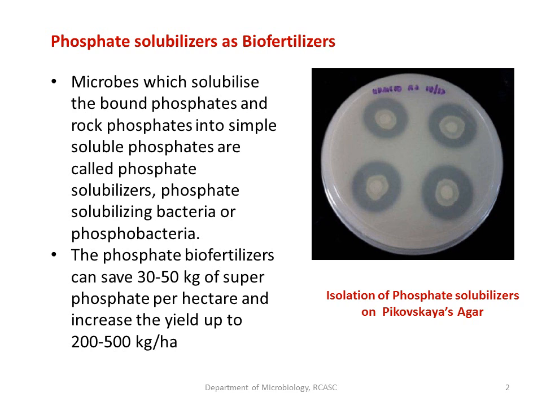Among bacteria, Bacillus, Pseudomonas, Azotobacter, and Azospirillum play a major role in solubilizing phosphate. Among fungi, especially Aspergillus and Penicillium can solubilize the insoluble phosphate into simple soluble phosphates.